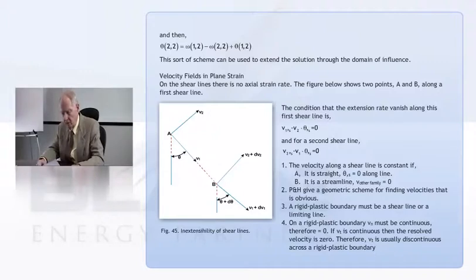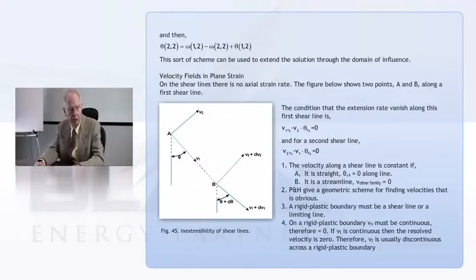Now, a rigid plastic boundary in a material, that is, you come to the limit of the plastic region, and you're now going into the elastic region. It has to be a shear line or what's called a limiting line, which is something we'll mention in a minute.